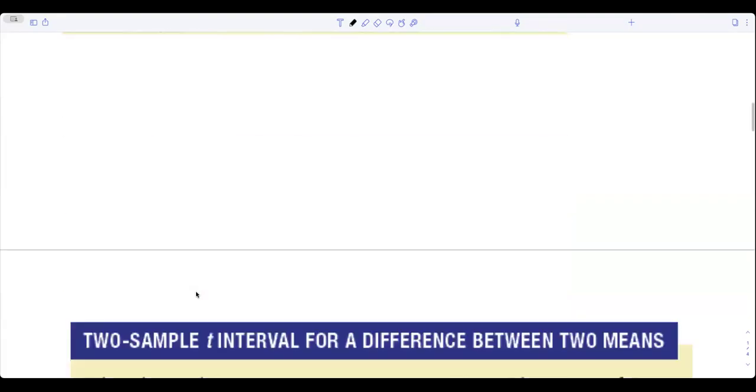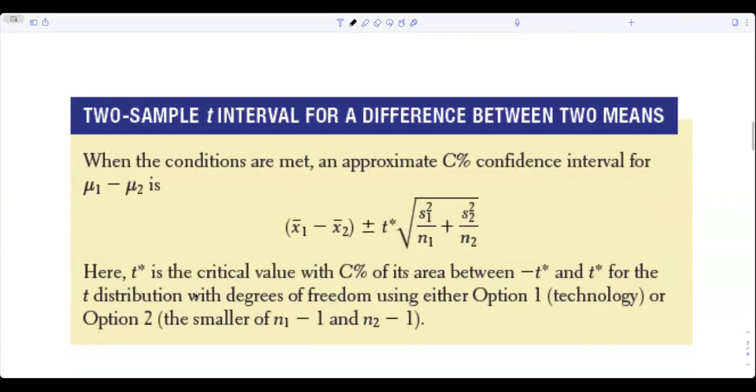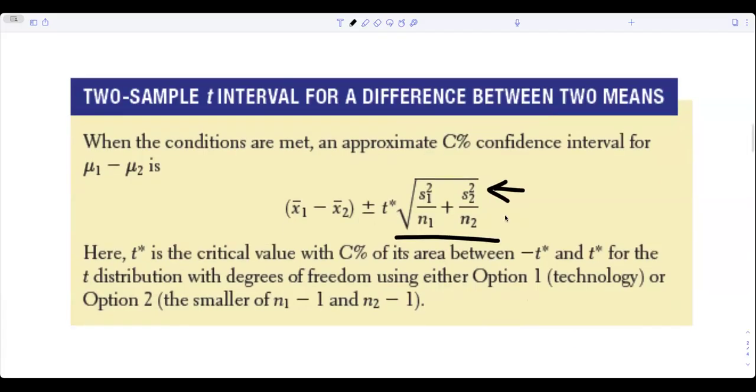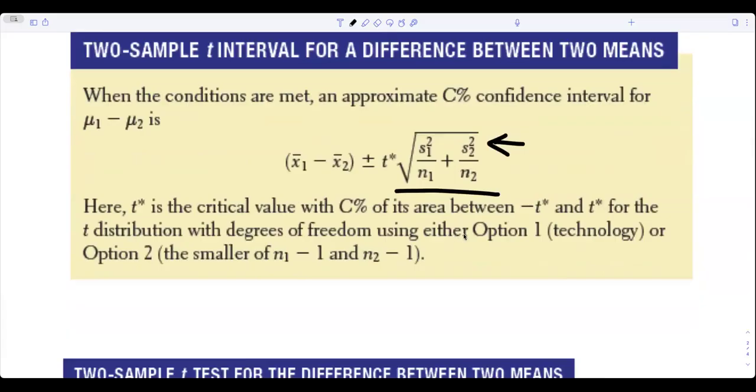So here's the formula for the confidence interval. We have x bar 1 minus x bar 2 plus or minus the t critical value. And notice again, I have the standard deviation of the sample squared there. And for the t critical value, I'll point this out when we get to it.